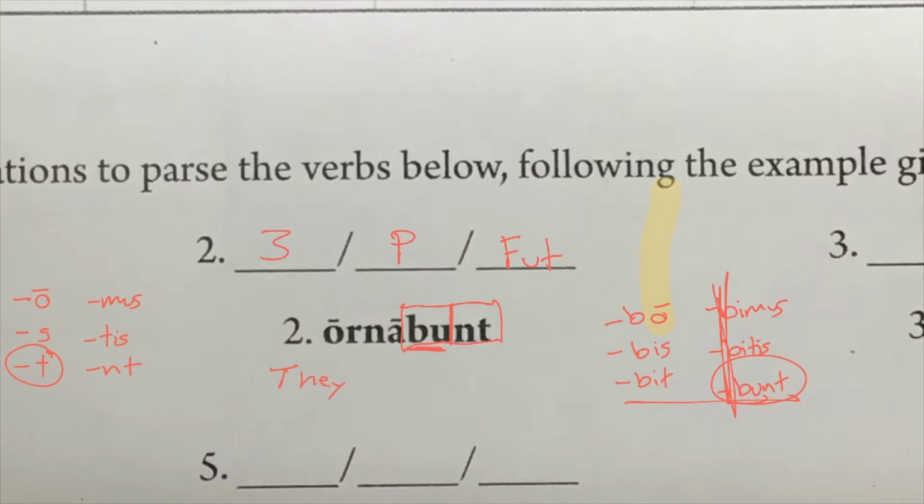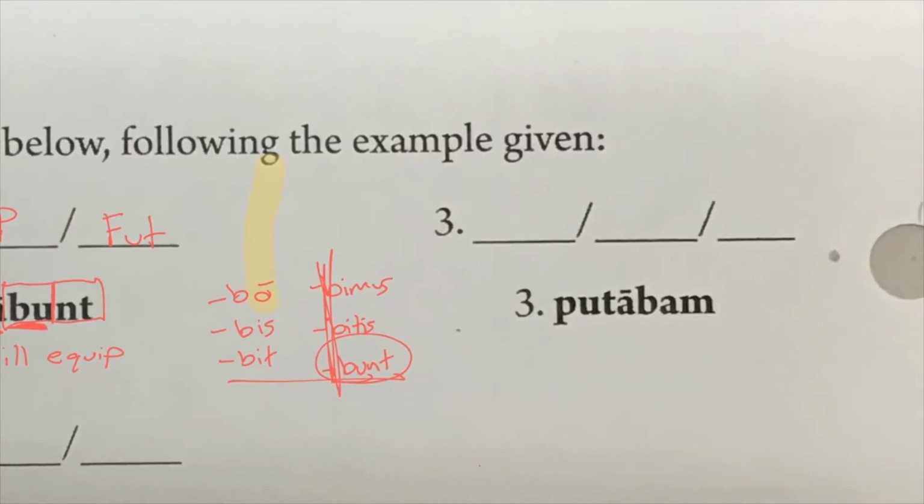The BU comes from the BI, the future tense marker. So we're going to translate it as will. And then ordina comes from the stem ordinare, the infinitive form, which means to equip. So it is they will equip. They will equip.